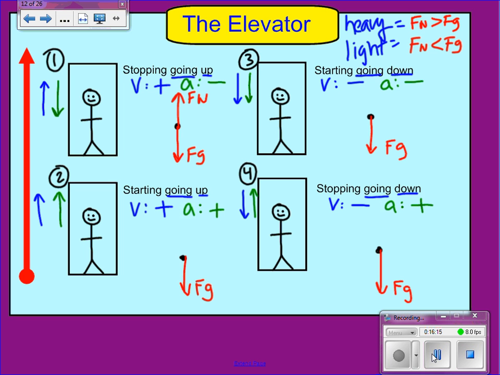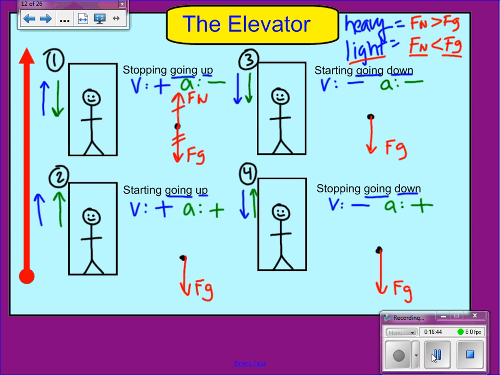So it's almost like you're lifting off the ground a little bit. Obviously not a lot because you're not levitating. So does the ground exert force normal greater than gravity or less than gravity? Hopefully you would figure out it would be less than gravity. Remember, when you are feeling lighter, your normal is less than gravity. So for normal, I'm going to put 1 slash, and for gravity, I'm going to put 2 slashes.